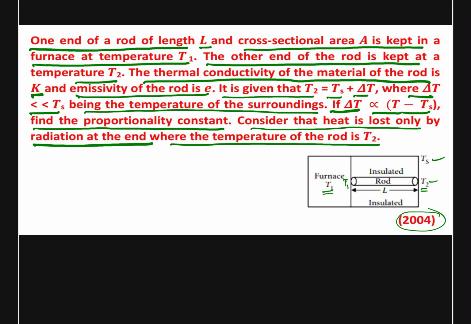So in this case, let us consider an axis. So this is our x-axis and this is our y-axis. So this point is our origin, which we call x is equal to 0. So other end will be x is equal to capital L. Okay.